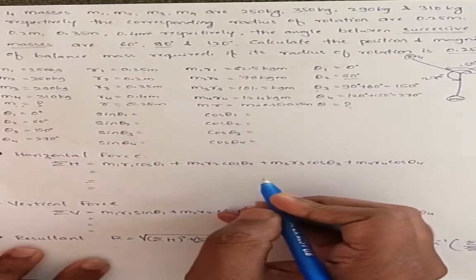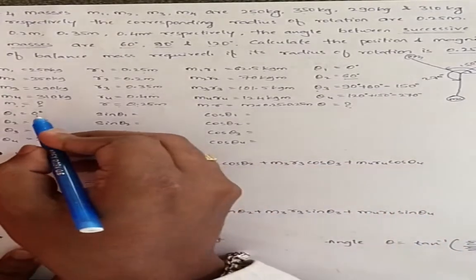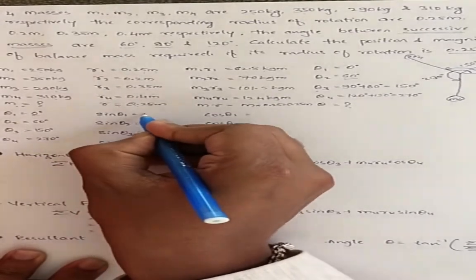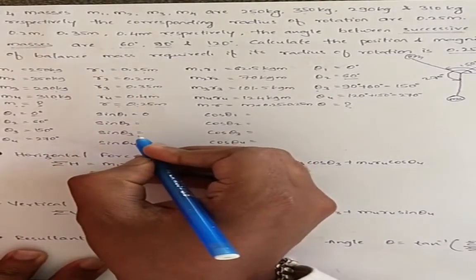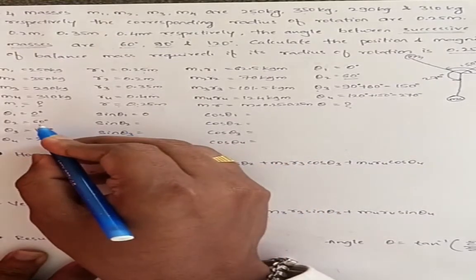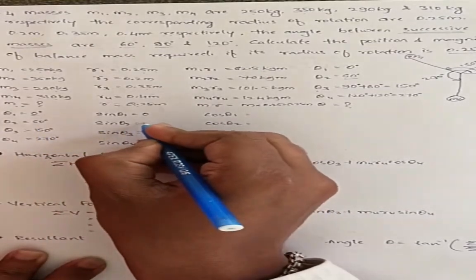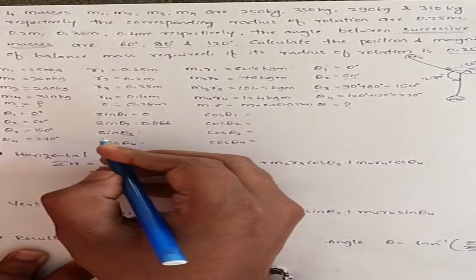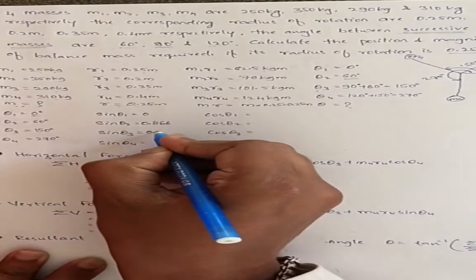Now you have to find the sine of those angles. Sine of 0 degree will always be 0. Just press sine and that angle. Next, sine of 60 degree is 0.866. Next, sine of 150 degree you will get 0.5.